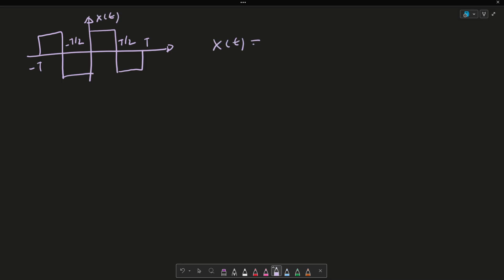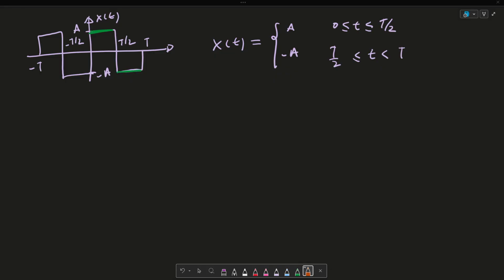Let's say that this is A and this is minus A. x of t is going to be A from 0 to T over 2, and minus A from T over 2 to T. So I'm basically talking about from here to here and from here to here.